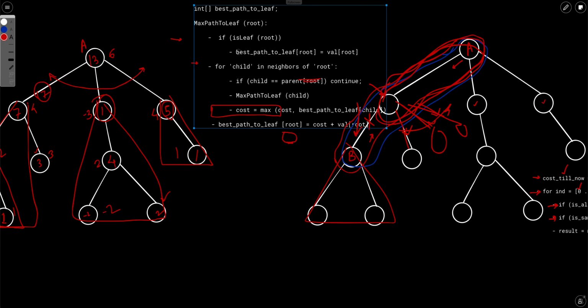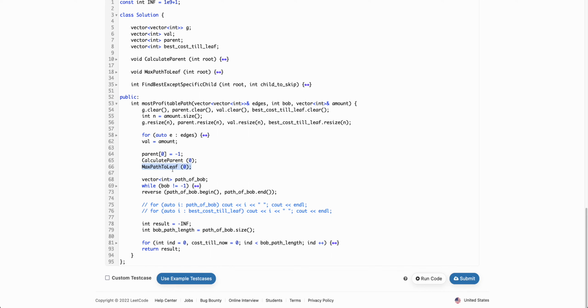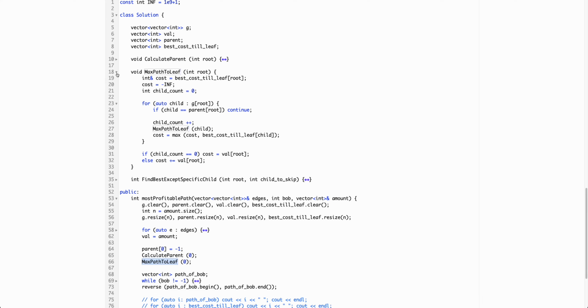So best path to leaf: you calculate it for each node. You start at 0 and do a simple DFS. As discussed, if it is a leaf node, the value would be the value of the node. Otherwise, the value would be the maximum across all the children plus the value of the current node. This is very similar, you can just go through it.